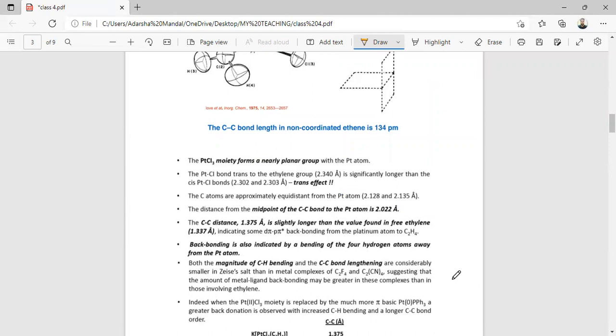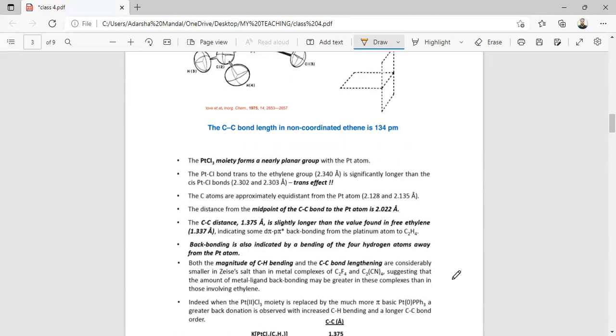So both the magnitude of CH bending and CC bond lengthening are considerably smaller in Zeise's salt than in the metal complexes with C2F4 or C2(CN)4, suggesting that the amount of metal-ligand back bonding may be greater in those complexes than in those involving ethylene.